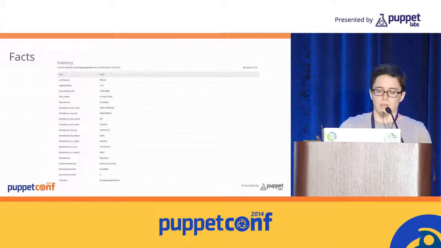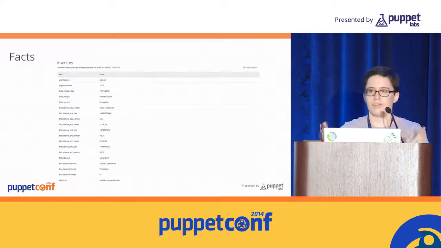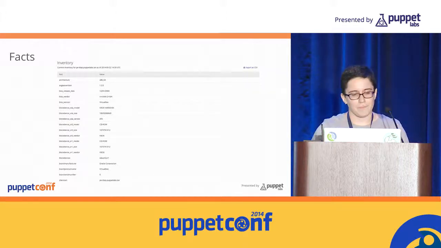I guess I forgot to mention, the reason I'm doing screenshots rather than actually demoing anything is that I was never able to get Keynote, Vagrant, my browser, everything else to all work at the same time, which is why you get screenshots. Screenshots have the downside that they don't scroll very well.